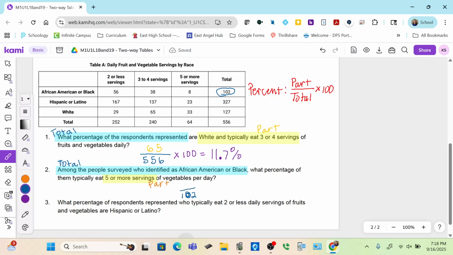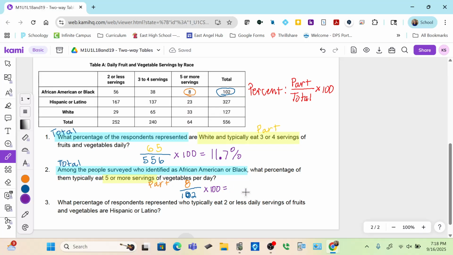Then I look for the part of that where they eat 5 or more servings. 5 or more servings within that category was 8. So we're going to take 8 and divide it by 102 and multiply it times 100.